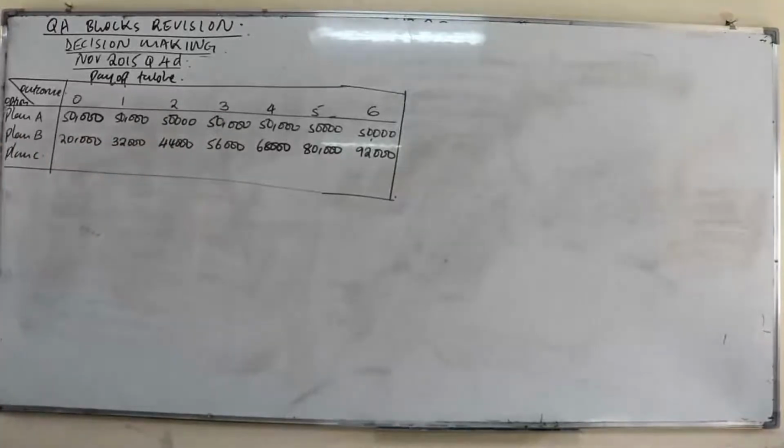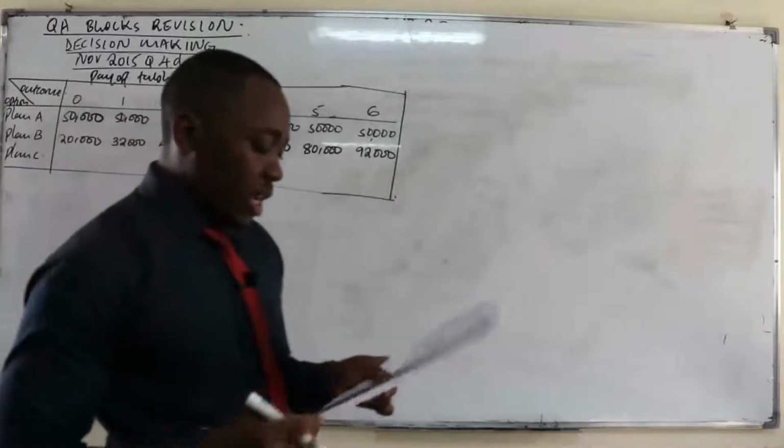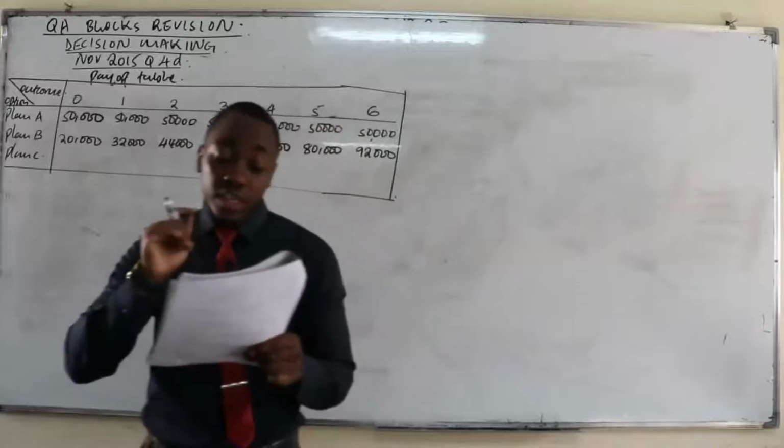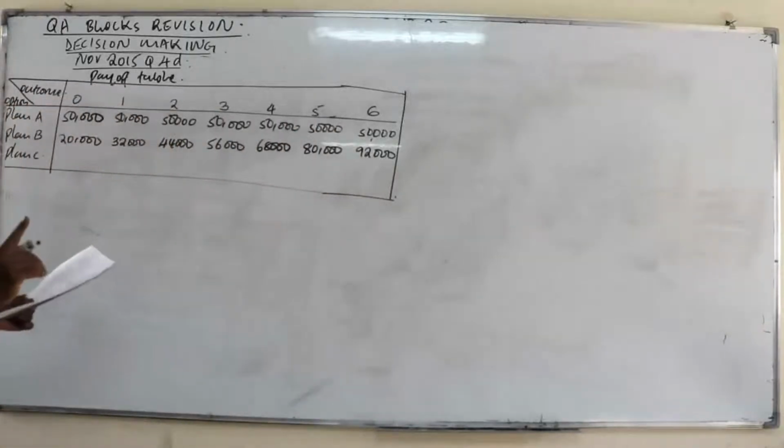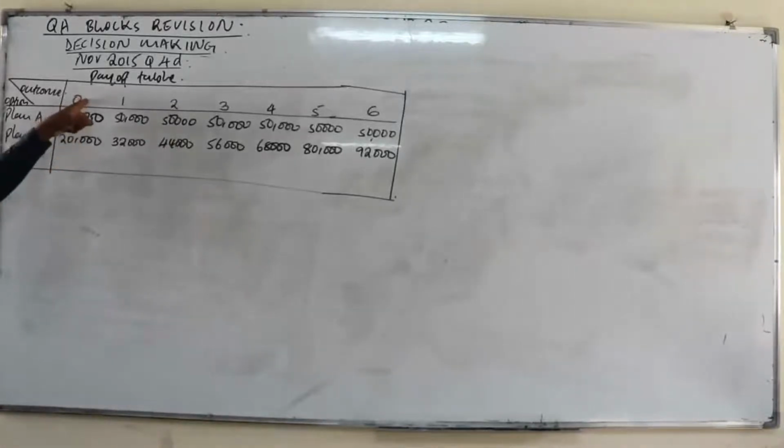Good. Let's go to plan C. Plan C was no monthly salary, but a commission of 20,000 per house. So there is no monthly salary, but you get a commission of 20,000 per house. That means if you sell 0 houses, you'll get nothing that month.